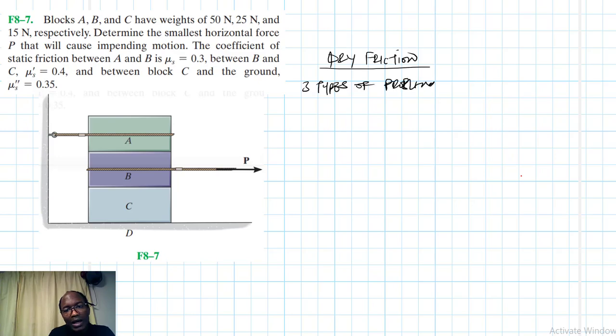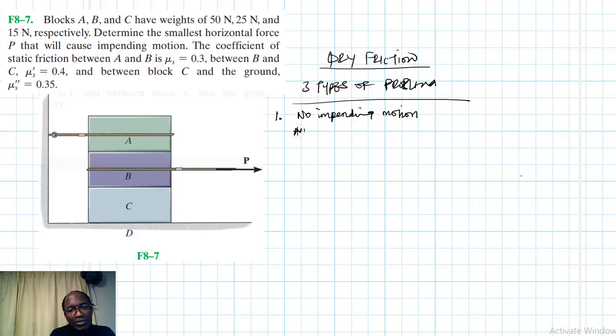And these are: one, where we have no apparent impending motion at the contacting surfaces or points.